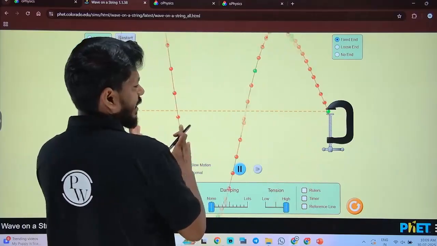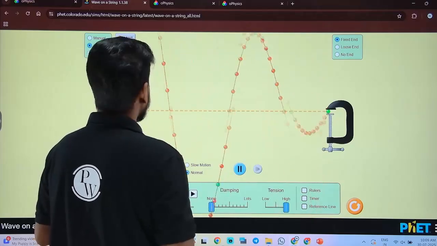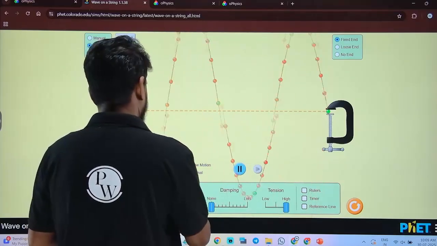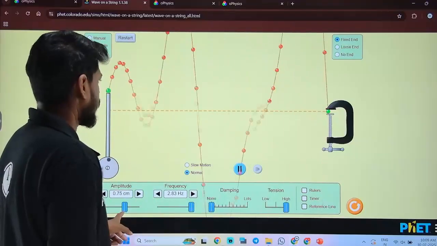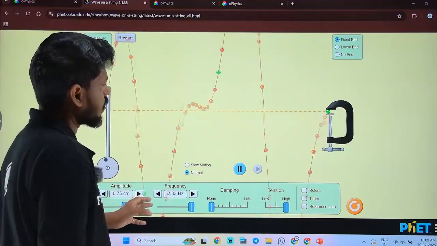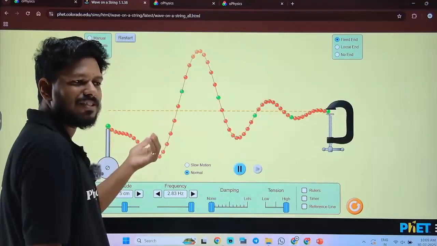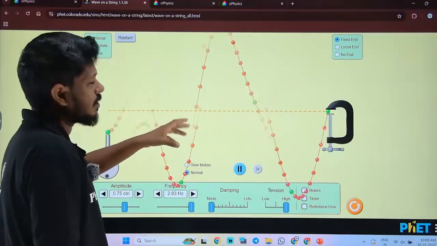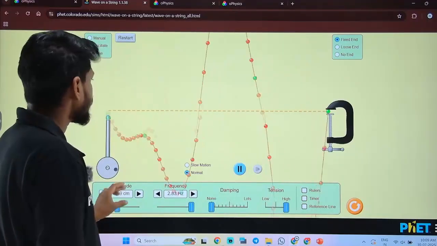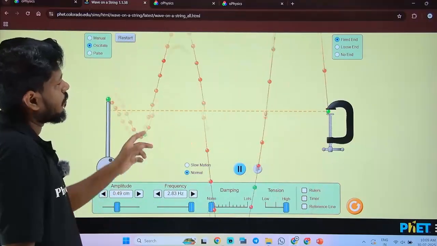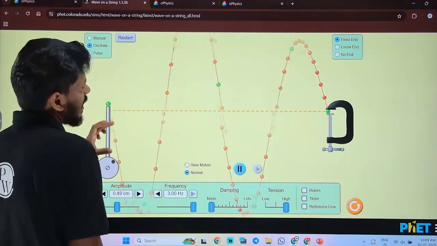I am unable to find what the frequency of this is. I don't know the wavelength. It is doing something. So what is happening? There is one wave going, another one is coming, and they both are superimposing. And if you see, we are going to get something like a pulse, right? See, the amplitude is 0.5, but we are getting a height which is more than that also. If I increase this to 3, my amplitude will reduce.